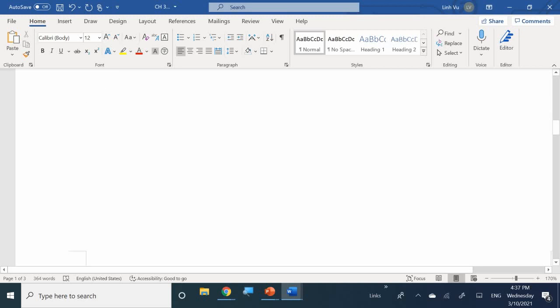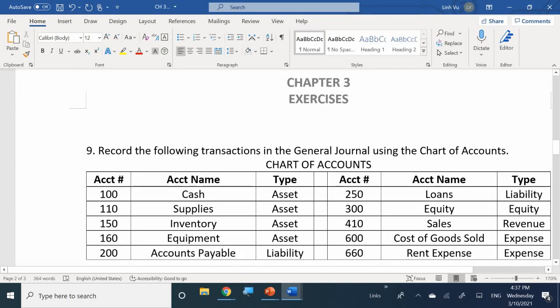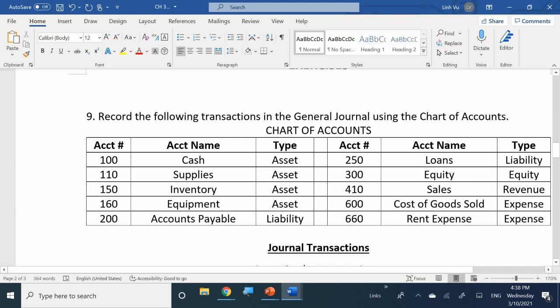All right, so here, number 9. This is where I was talking about us practicing how we determine our transaction and how we record it. Here is a chart of accounts that I've provided for you. The left side is the account number. The right side is the associated account for that particular item.